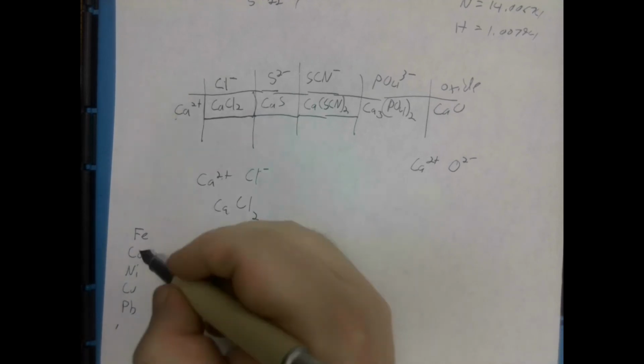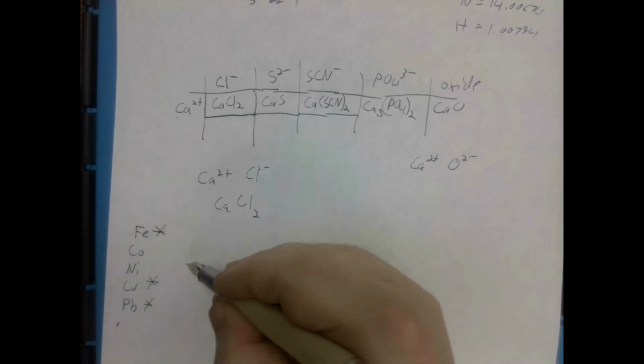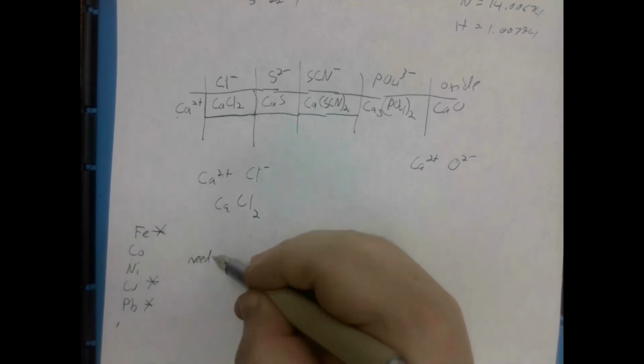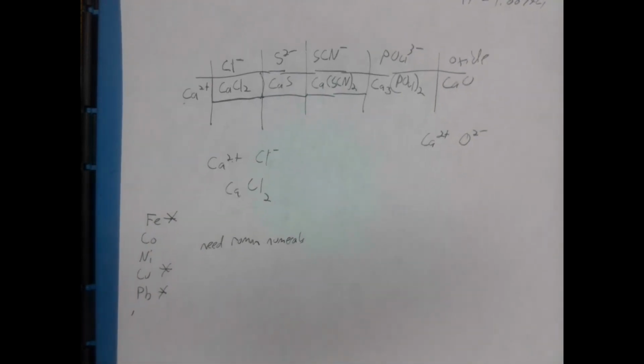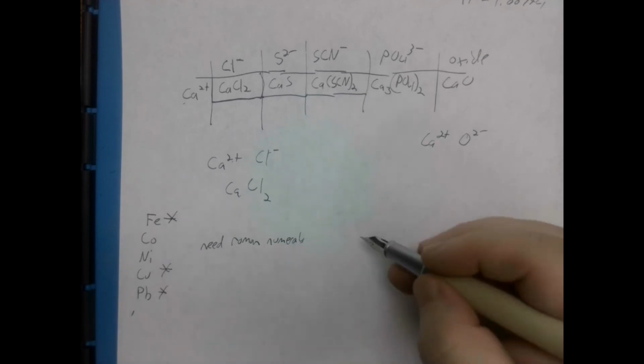I'll just go ahead and tell you. Iron and copper and lead are the 3 ones you need to remember. Need Roman numerals. Those 3 chemicals are used quite extensively.